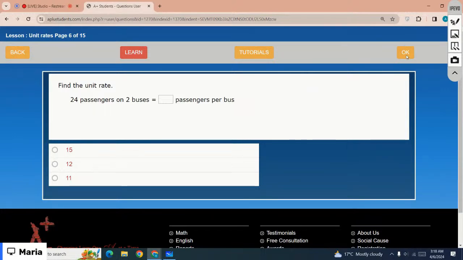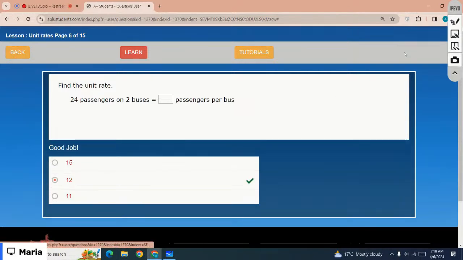24 passengers on 2 buses. So how many passengers per bus? Yes, that is 12 passengers per bus.